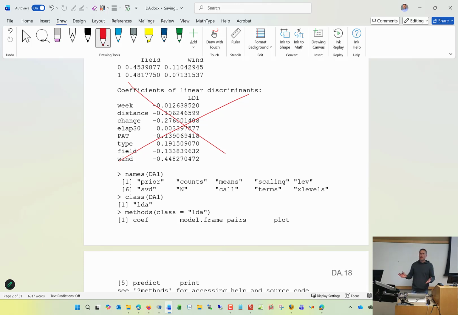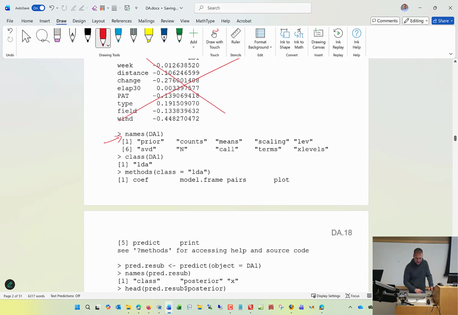Whenever you use a function for the very first time, one of the very first functions that you want to implement right after that is the names function, so you can see what is returned to you in a list. And so if I say names of DA1, we have some information being displayed here. So for example, all those means that we got above are in there.